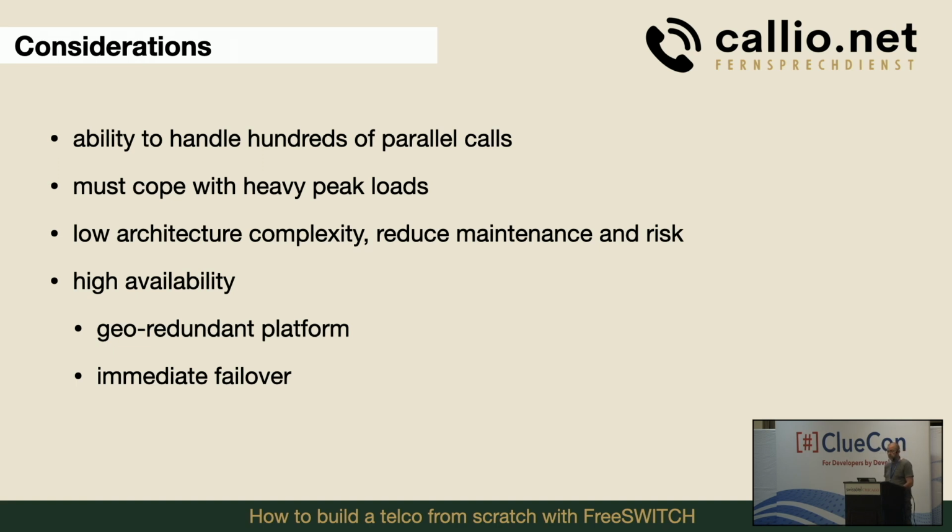This will take place immediately, and not while waiting for any timeout or something like this. And last but not least, we wanted to integrate AI agents. FreeSWITCH can do this all.